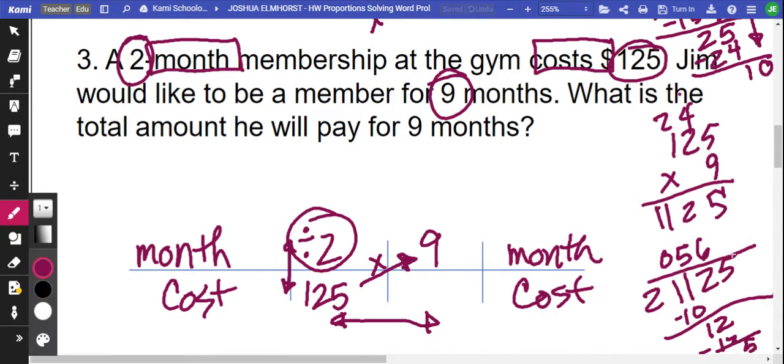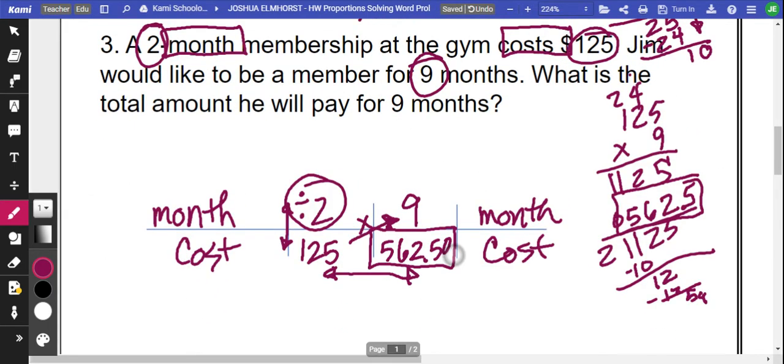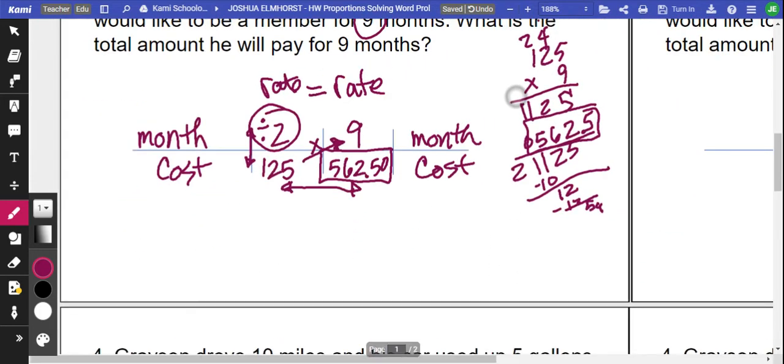Okay, 2 goes into 5. 2 times 2 is 4. There's a remainder of 1. And once you divide that out, it's going to be 562. So we're looking for here $562.50. So this is the given rate, and then we got to find the equivalent rate. 2 for 125 or 9 for $562.50.